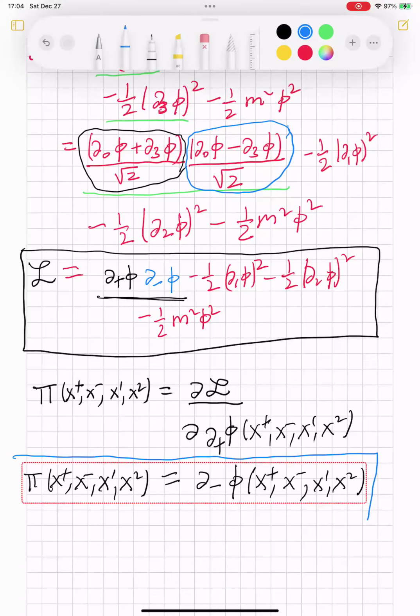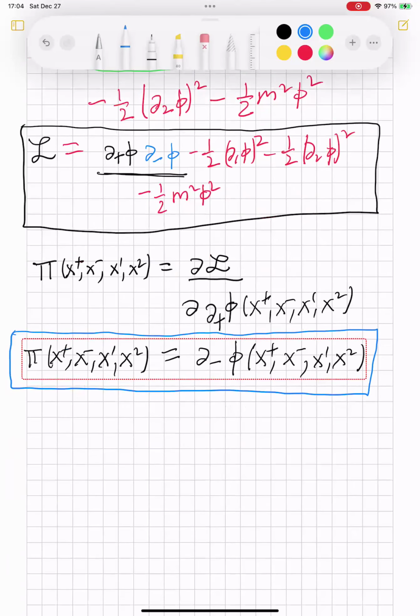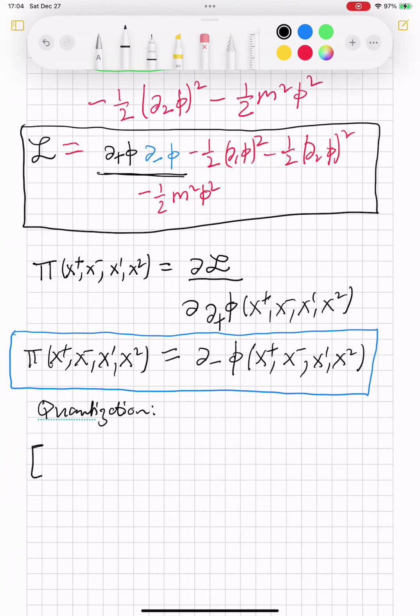Next, let's work out the equal x plus commutators. So what would the quantization condition be? So to quantize the theory, we would, as usual, impose an equal time commutator, and now time is x plus.